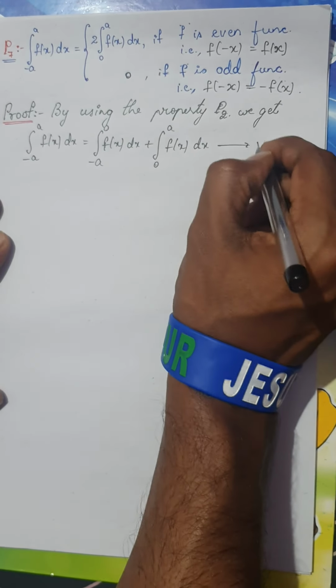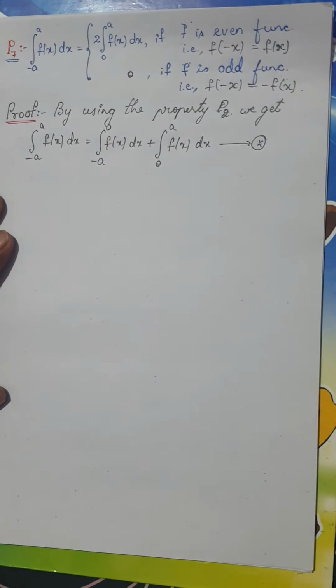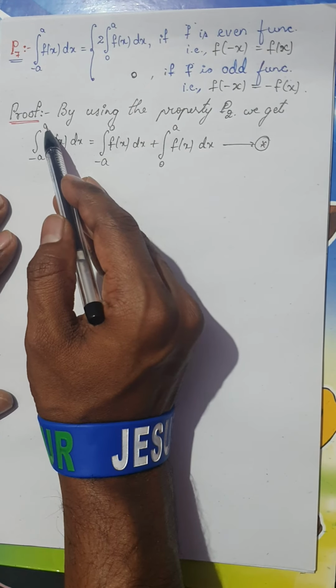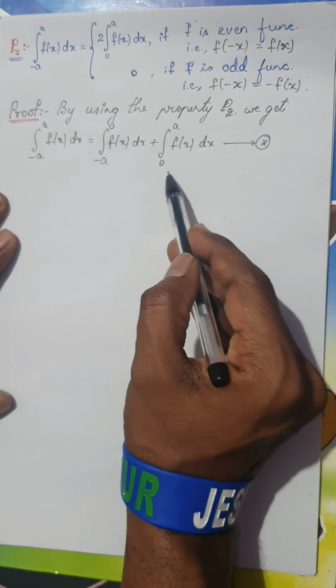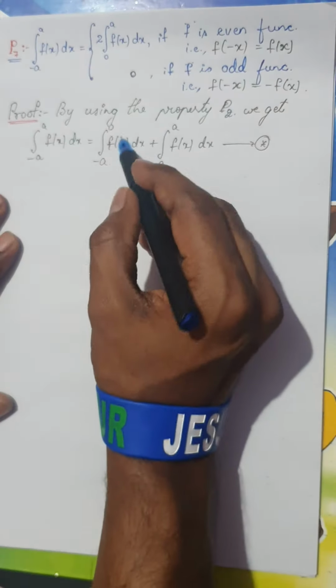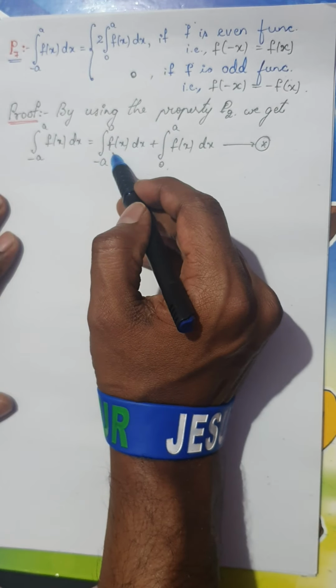Let me consider this equation as star. I am splitting the limits from minus a to a as minus a to 0 and 0 to a. Now I am going to make a substitution for the first integral on the RHS.